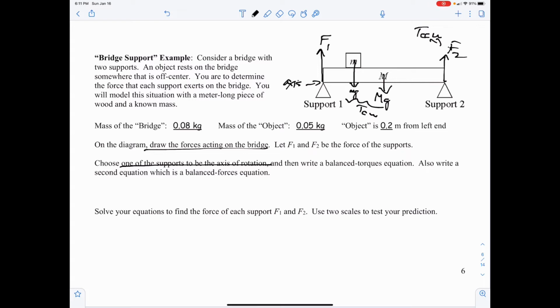And so our equation would look like clockwise torques equal counterclockwise torques, and we're looking at little mg times d1, since this is m1, plus big mg, and then the bridge, I guess, would be the halfway point, so half the length.